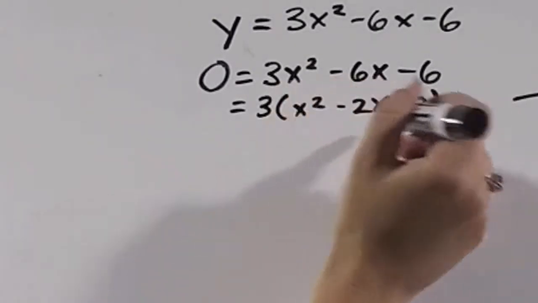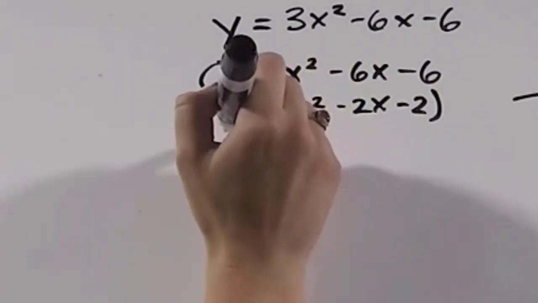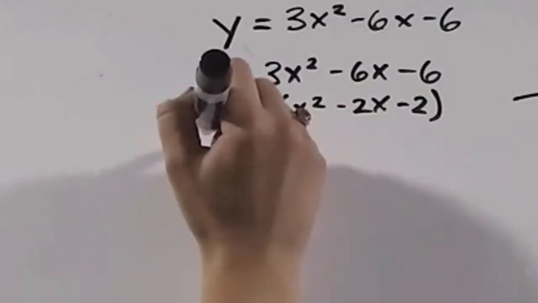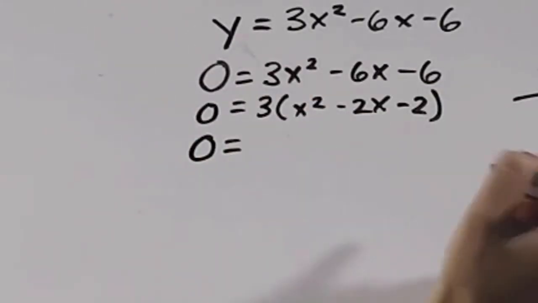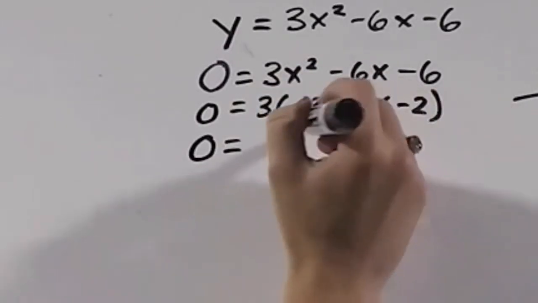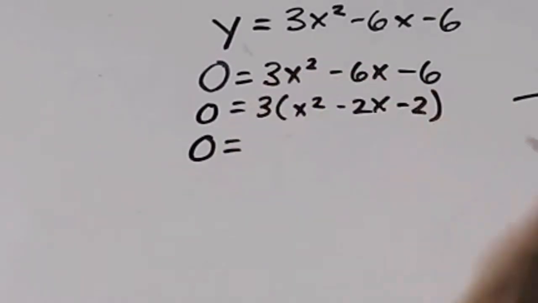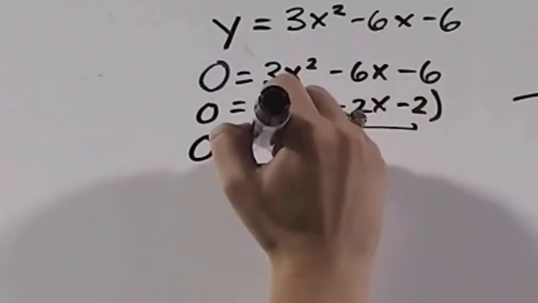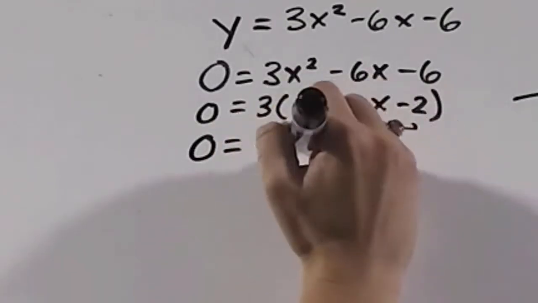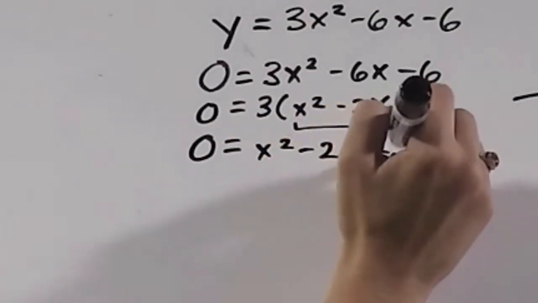If this is equal to 0, then this 3 doesn't really count for much, because we're trying to get this whole expression equal to 0. And since 3 is not equal to 0, it means that this whole expression has to equal 0. So 0 equals x squared minus 2x minus 2.